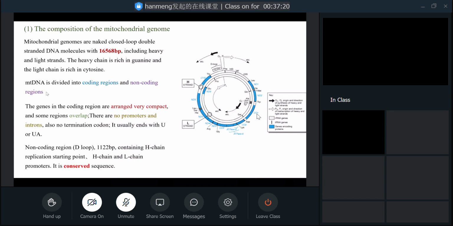And the non-coding region is also named the D-loop. Here, from the picture, we can see the D-loop.